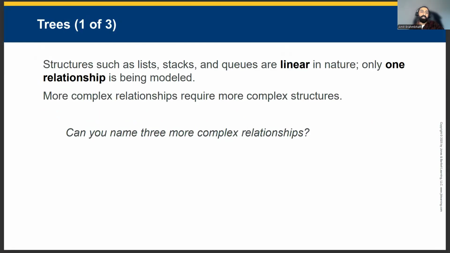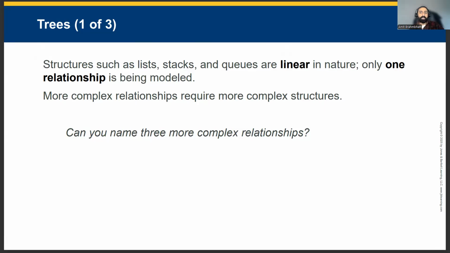Trees. Here we introduce an idea that structures like lists, stacks, and queues are all linear. They model a single, simple relationship between items. However, many real-world scenarios require modeling more complex relationships.